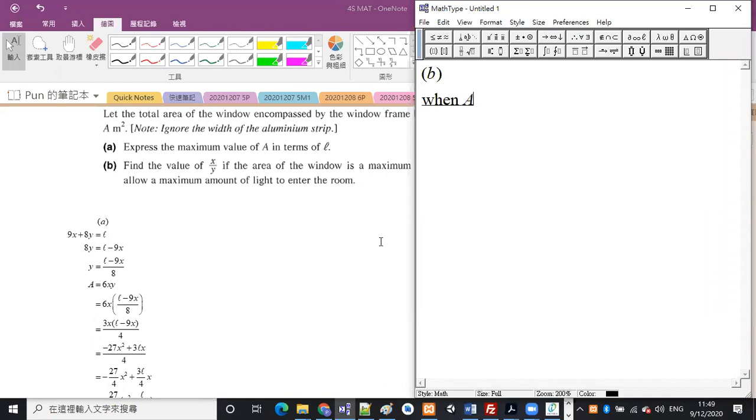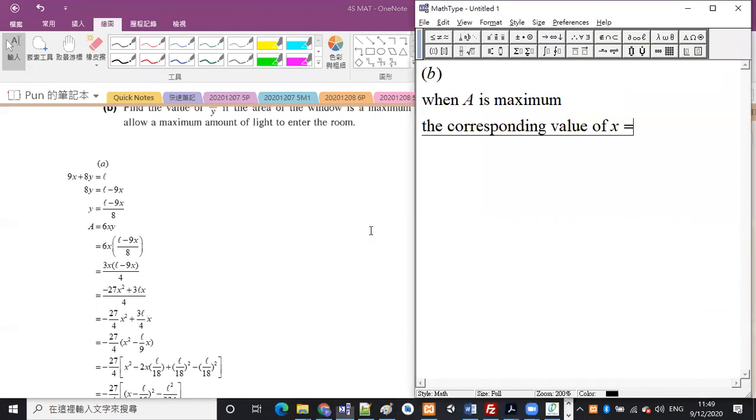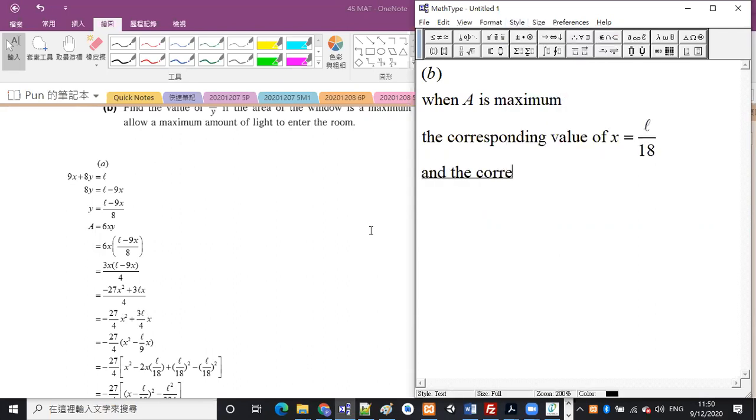When area is maximum, the corresponding value of x is the h value that we have found here, L over 18. And the corresponding value of y.